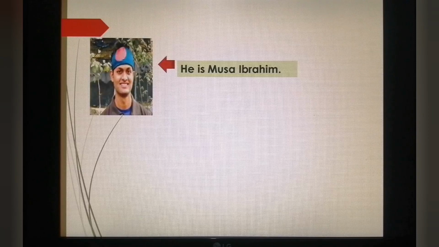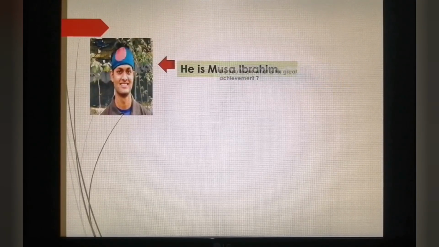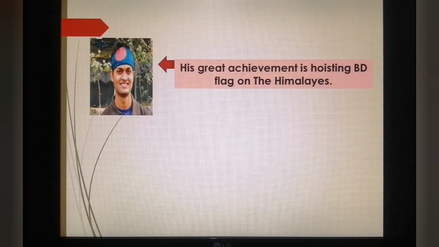He is Musa Ibrahim. I think all the students of Bangladesh have heard the name of the person, Musa Ibrahim. So, do you know what is his great achievement? His great achievement is hoisting the BD flag on the Himalayas.